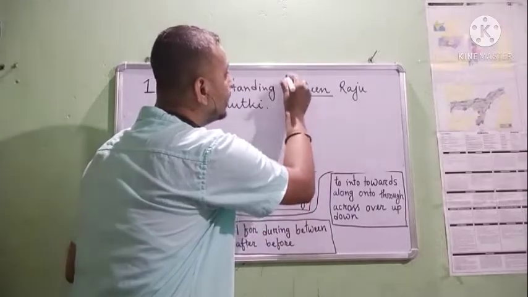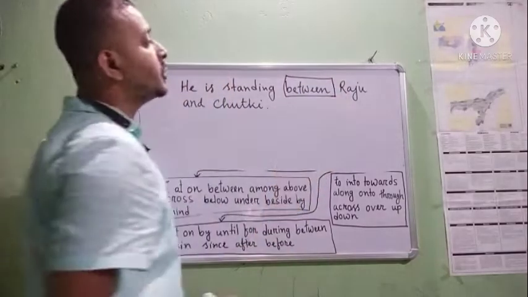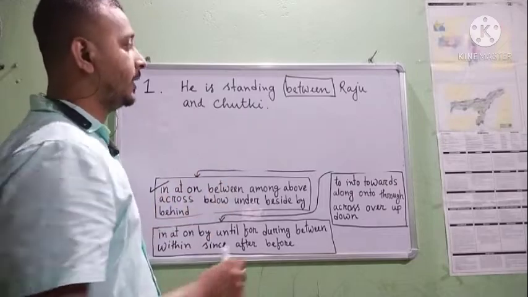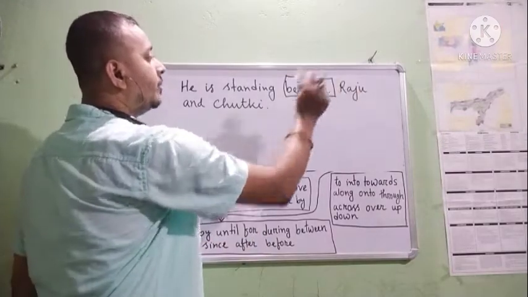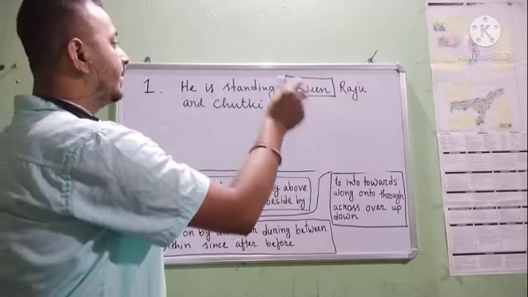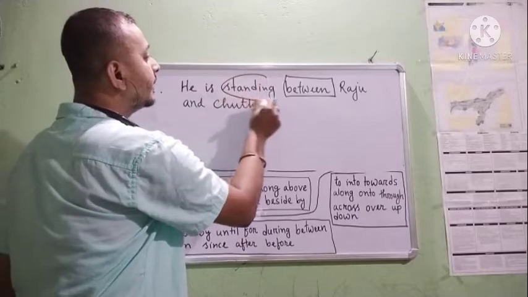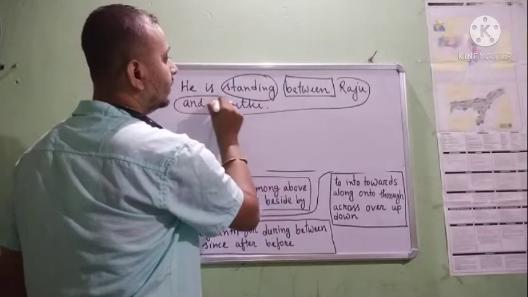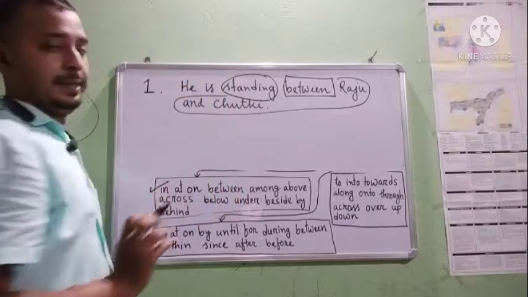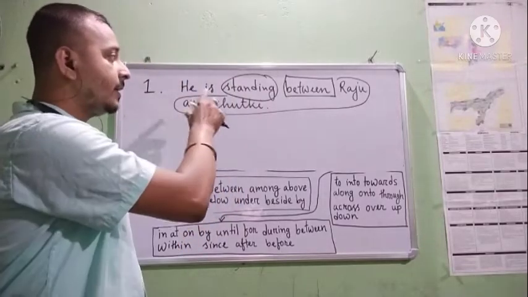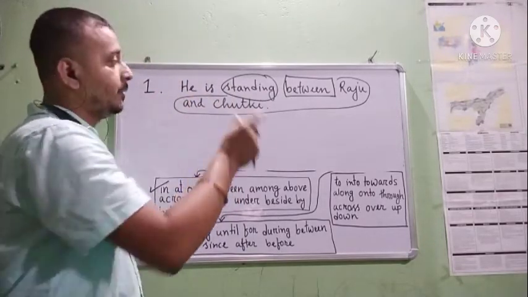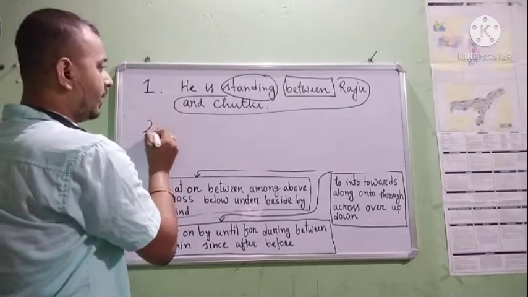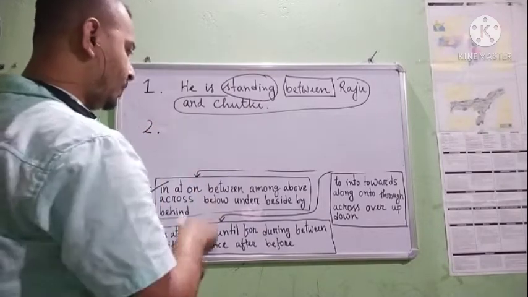So between is a place preposition here, answering the question where. It comes before a noun, and it maintains the relationship with standing and Raju and Chutki. Okay, so this is a place preposition between I have used here, and I have explained it. Another example I want to show you of place preposition.